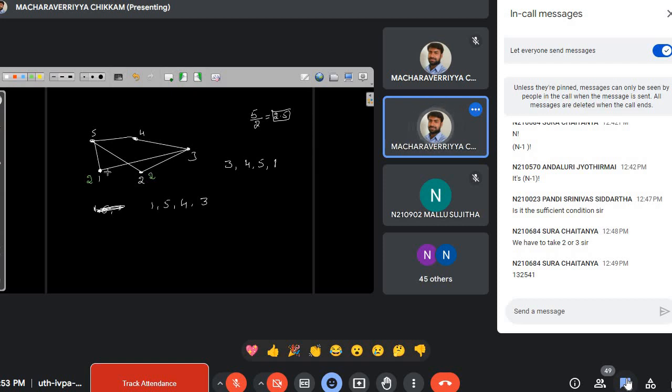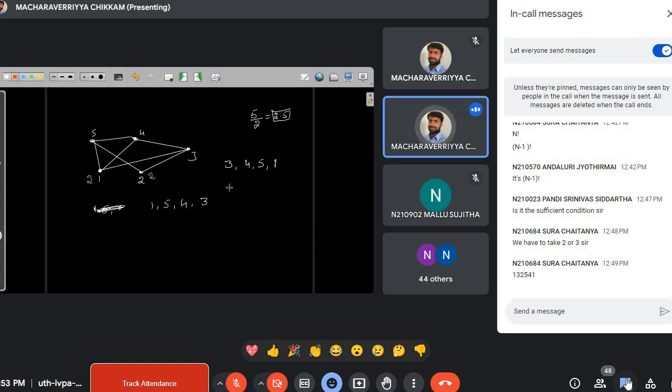Now let me do one thing. Let me make this degree 3 by connecting 2 to 4. Now can you find a circuit? Still there is one vertex with degree 2, but just by adjusting that, can we find a circuit here? Let me see what that circuit is.